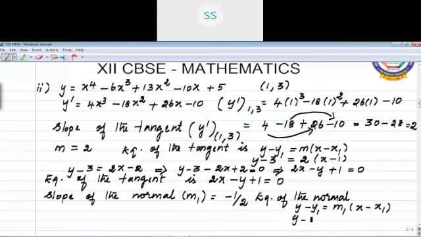Then y minus 3 equal to minus 1 by 2 into x minus x1. Now I am going to simplify. Y minus 3 equal to minus x by 2 minus, sorry, here instead of x1 what do I want to write?